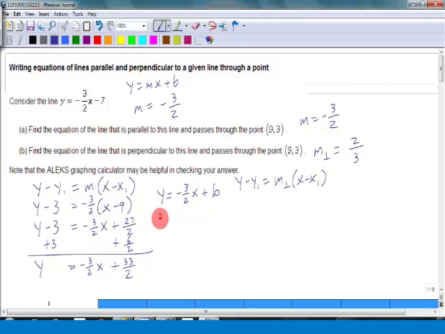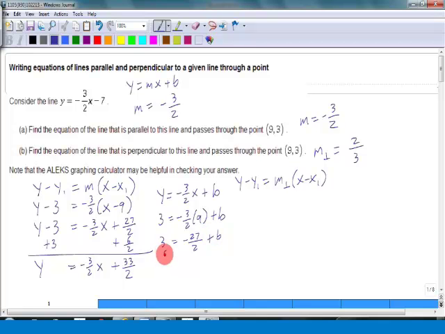Let's see how it works in this case. We could take the 3 and substitute it for y. Then it's negative 3/2 times 9 plus the unknown y-intercept. We know the slope, we don't know the y-intercept. So we substitute and get 3 equals negative 27/2 plus b. And the arithmetic is basically the same.